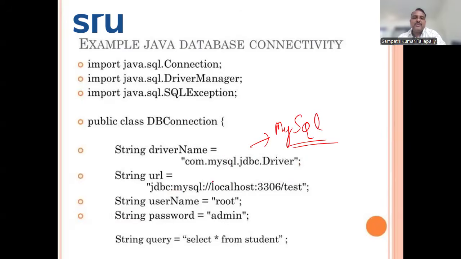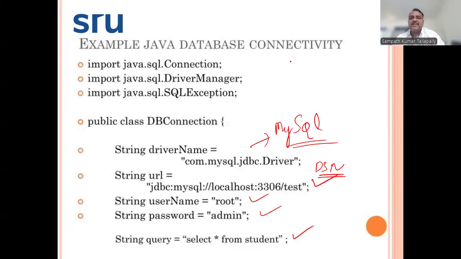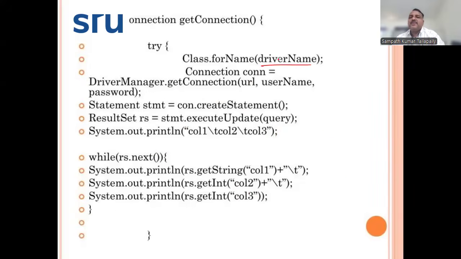Then we use the DSN name, data source name, then the root, and then we specify the query which needs to be executed, and then Class.forName, where we specify the driver name. We establish the connection, create the statement, and whatever output is generated may be one row or multiple rows.